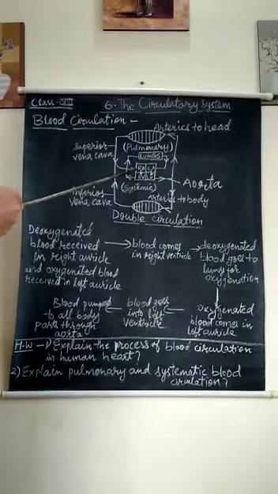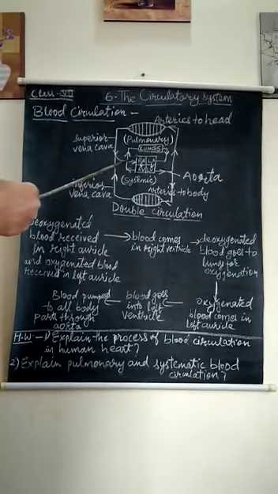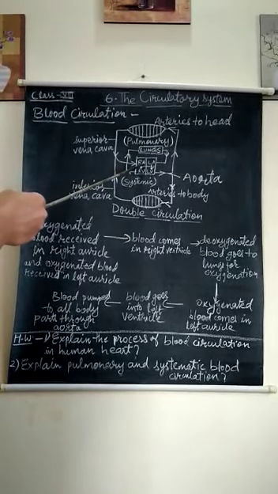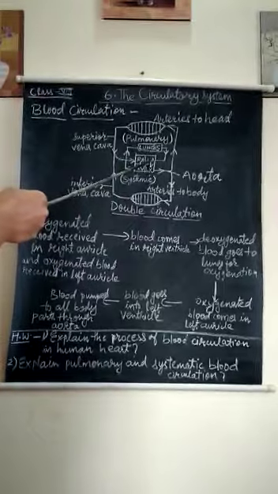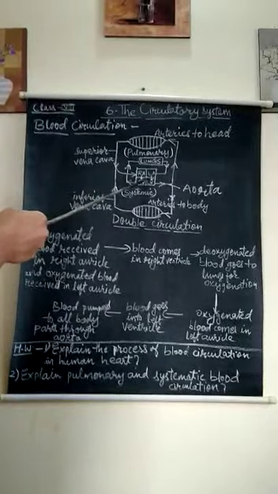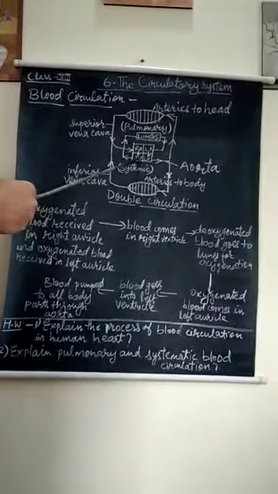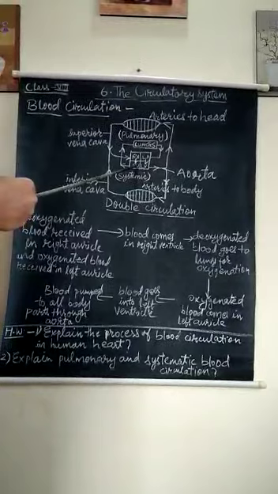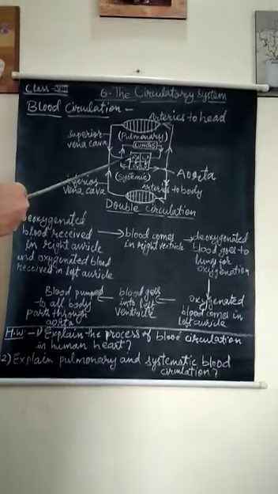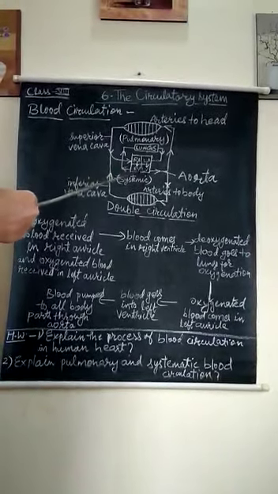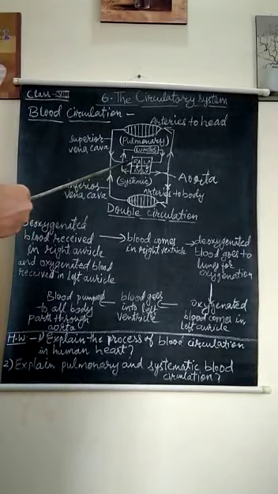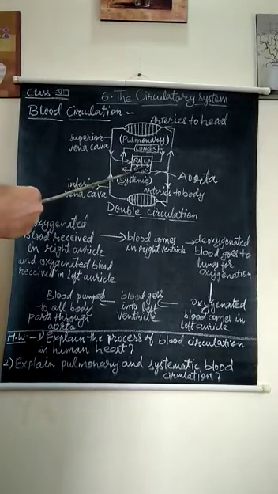When the right auricle contracts, at the same time the left auricle will also contract to pass the blood from the auricles to the ventricles. Then the valves between the auricles and ventricles will close to avoid the backflow of blood.